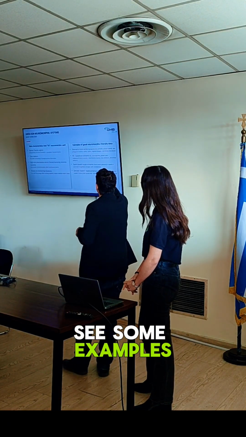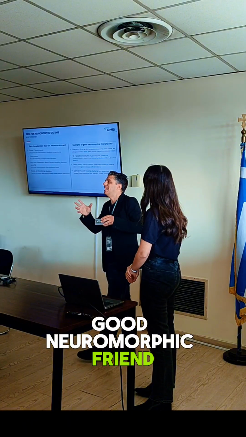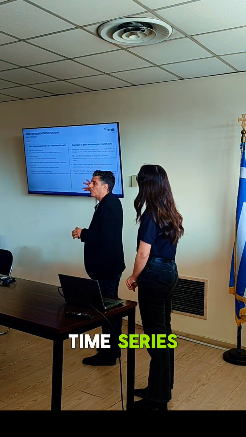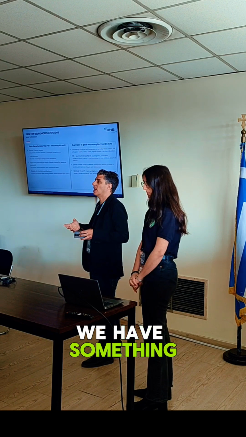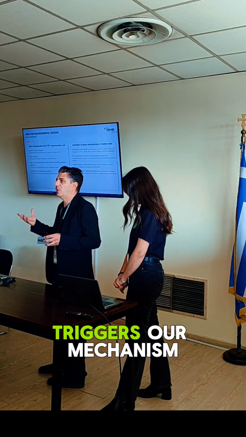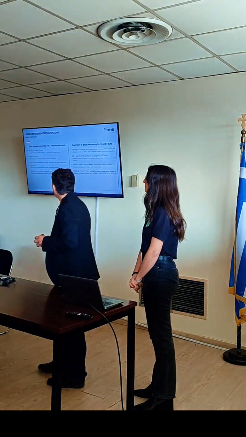You can see some examples of good neuromorphic-friendly data. It's the telemetry time series, where for sure when we have something going wrong, an event triggers our mechanism.